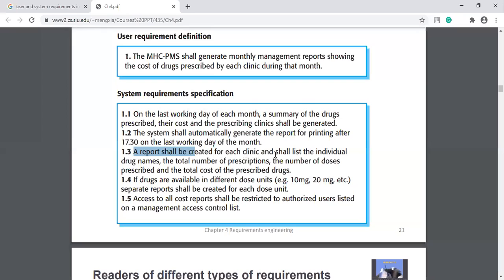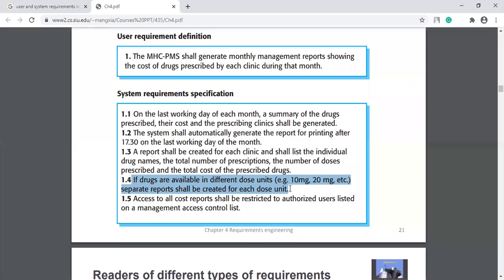That report will give you a list of drugs, the total number of prescriptions, the number of doses, and the total cost. Whatever format is generated will have date-wise medicines provided to the patient, the dosages, how much dosage is provided, and also the cost. If drugs are available in different units like 10 mg, 20 mg, separate reports shall also be generated.